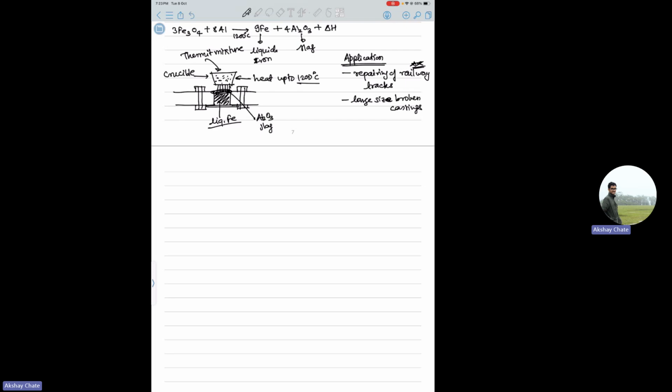You can use seam welding for smaller thicknesses, but not for larger thickness welding. Then you have projection welding.